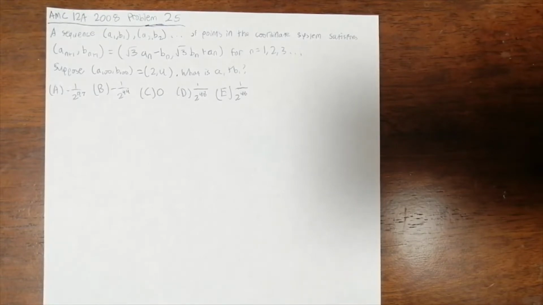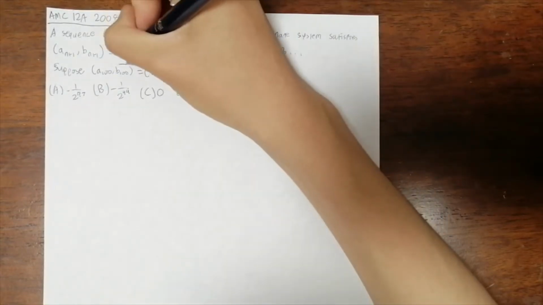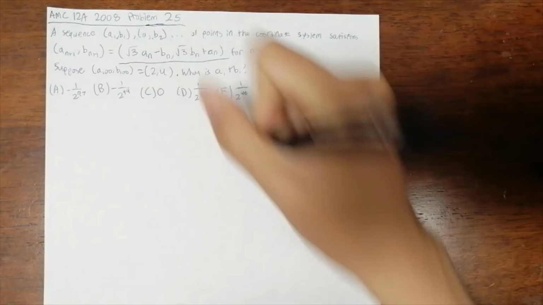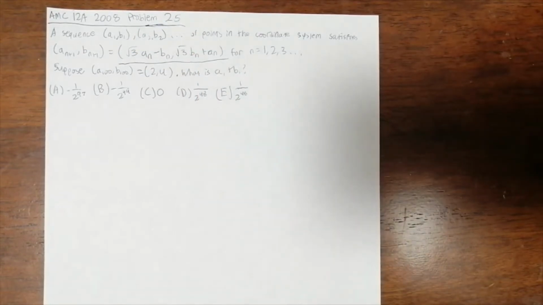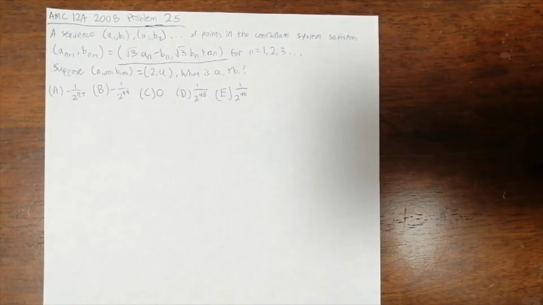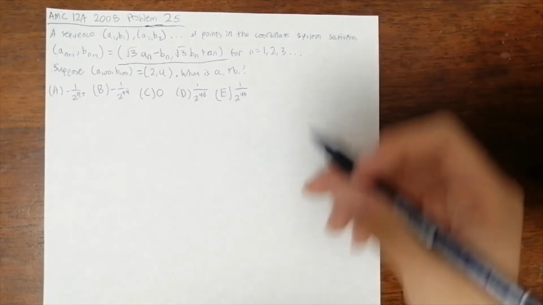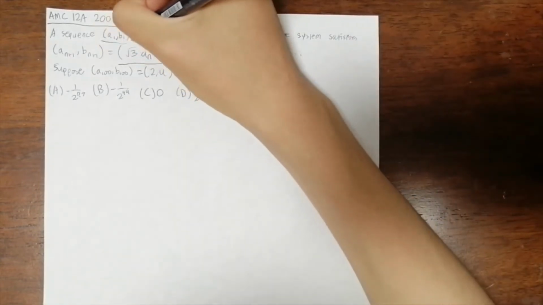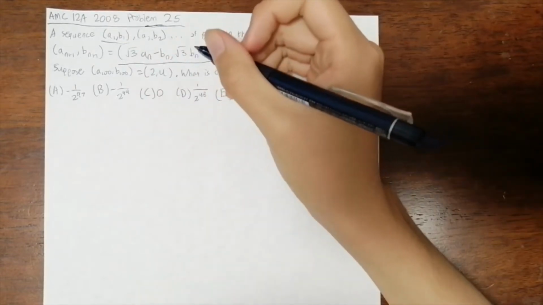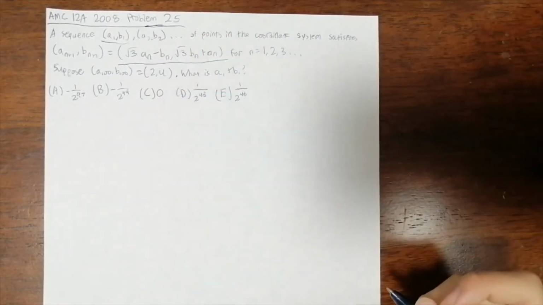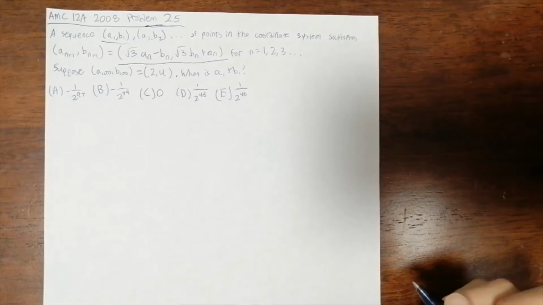Okay, so some of you might immediately recognize this as a matrix. If you don't know what that is, it's basically a system of equations with vectors. So instead of writing these as points, we can write them as a vector extending from the origin going to that point.